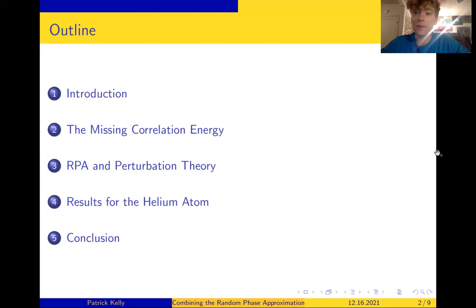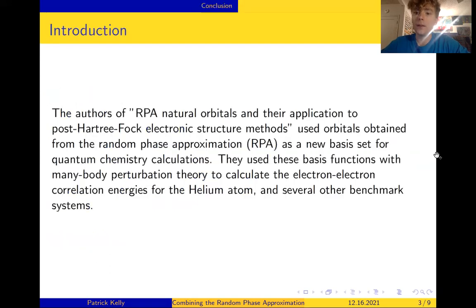And I'm going to talk about the methods they used. They used the random phase approximation and perturbation theory. And I'm going to talk about one of the sets of results that they obtained for the helium atom. And then I'll recapitulate at the end.